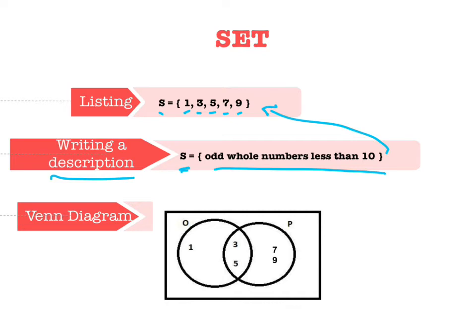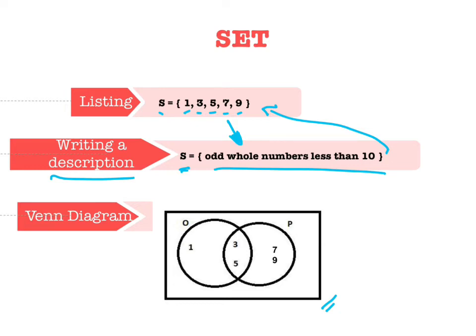So obviously, set S in writing a description is the same set as in listing. The difference is that in listing, the elements are listed one by one, while in writing a description, you describe the given set as a whole. Okay? And lastly, we have the Venn diagram. So this is an illustration of a Venn diagram.